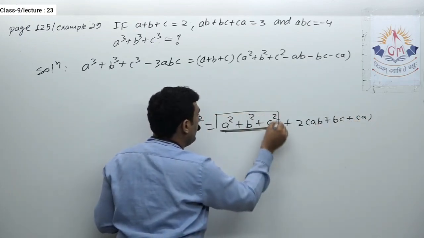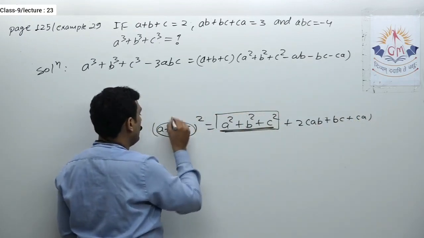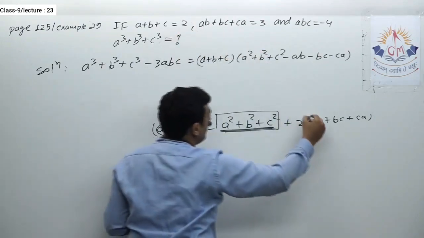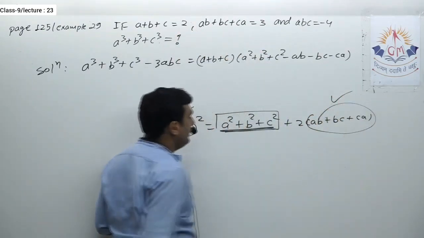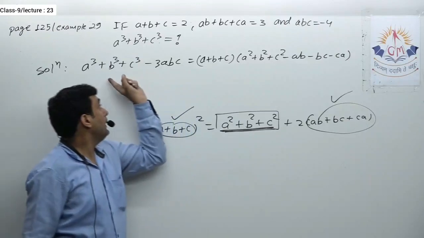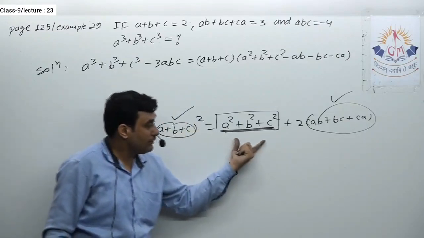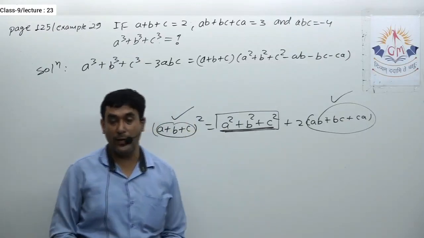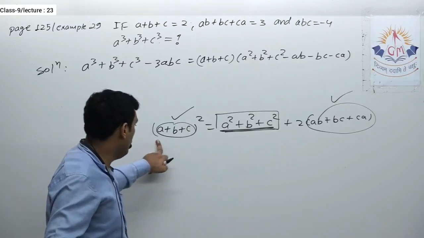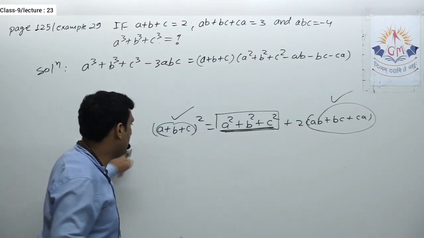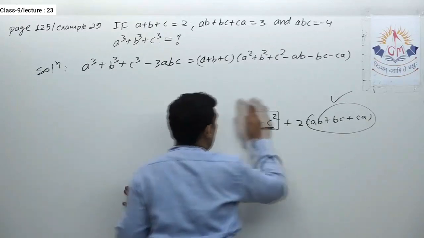That means to obtain this, we need a plus b plus c, yes, that is given, as well as ab plus bc plus ca, that is again given. So to obtain a cube plus b cube plus c cube, first we have to find this. So actually we should start the solution with this identity, that is a plus b plus c whole square.